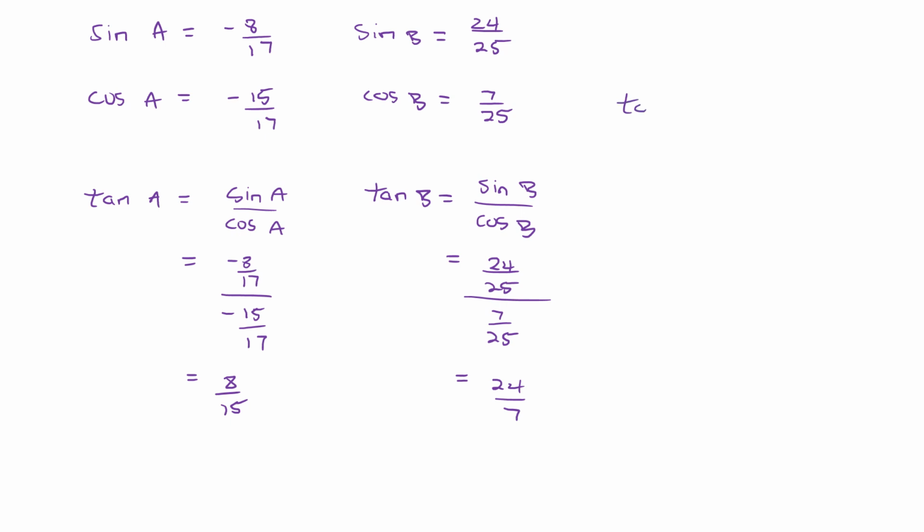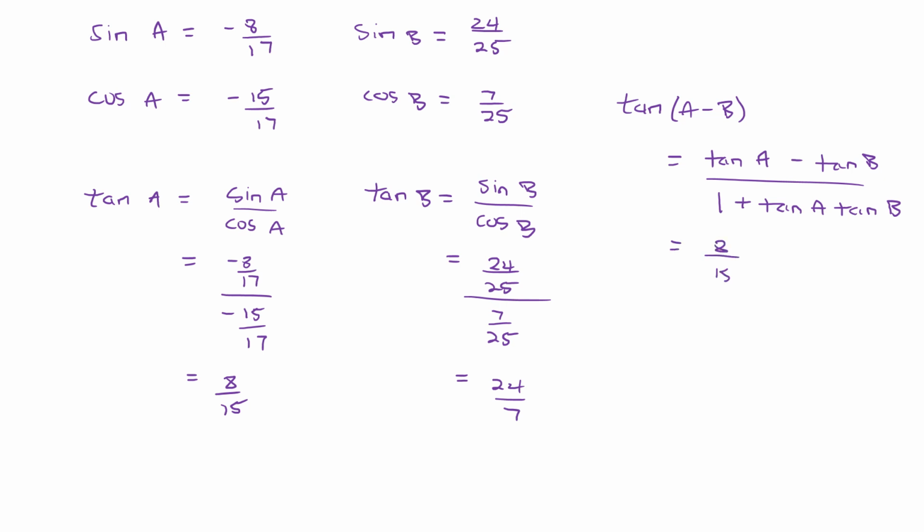So now we can utilize the trig sum and difference formula for tan, more specifically the difference formula for tan, which equals the tan of A minus the tan of B divided by 1 plus the tan of A times the tan of B. Well, we know the tan of A is 8 over 15.